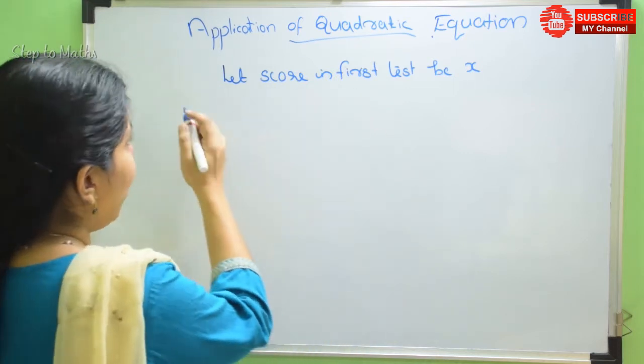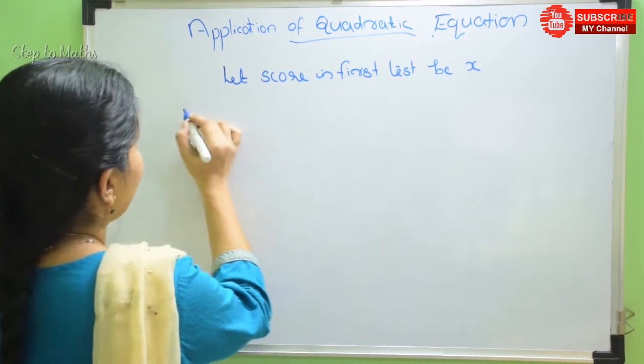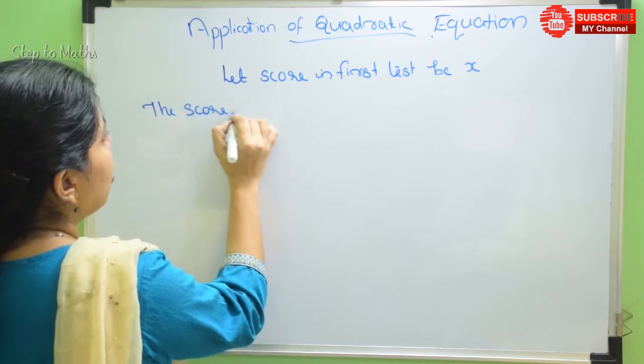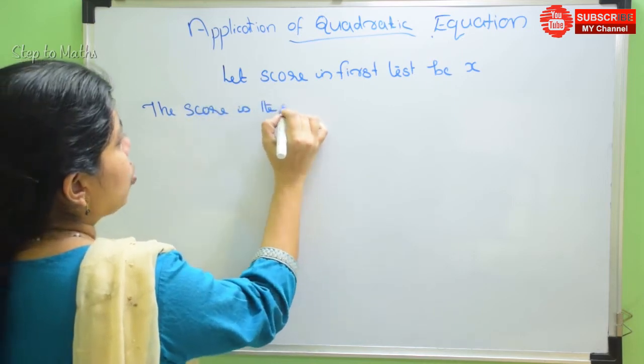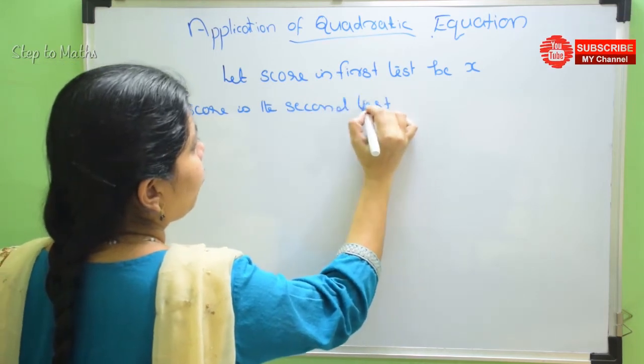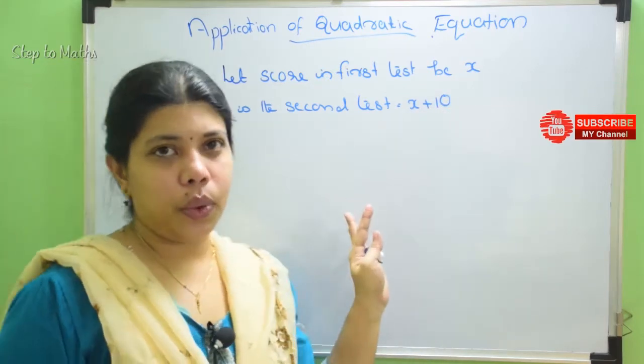So according to that, we can write the score in the second test as X plus 10.